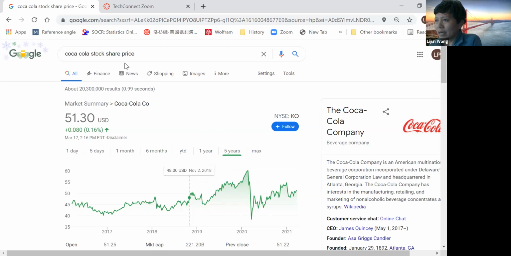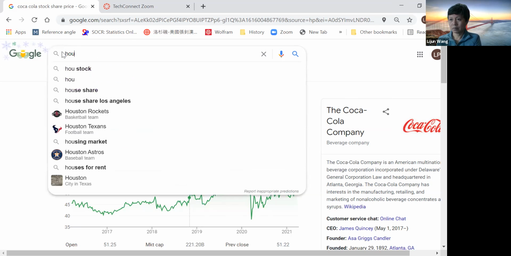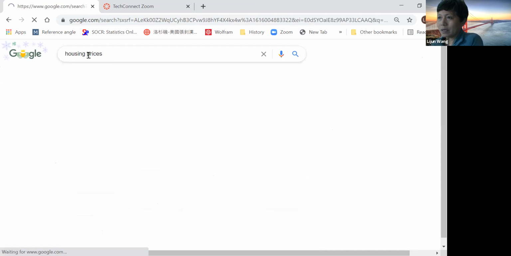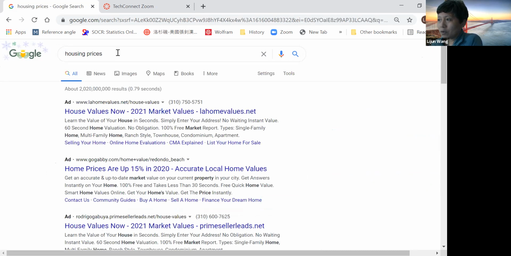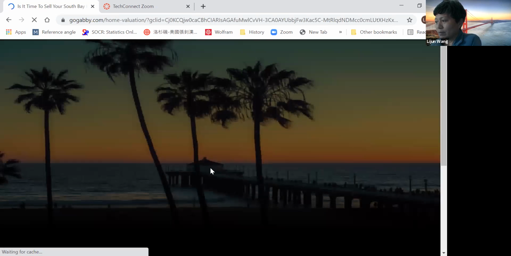So let me see. I want you to see the housing price. Let's see if I can get it. Okay, housing prices. Okay, Los Angeles. So let's see, do they give us a curve? This is LA, right?